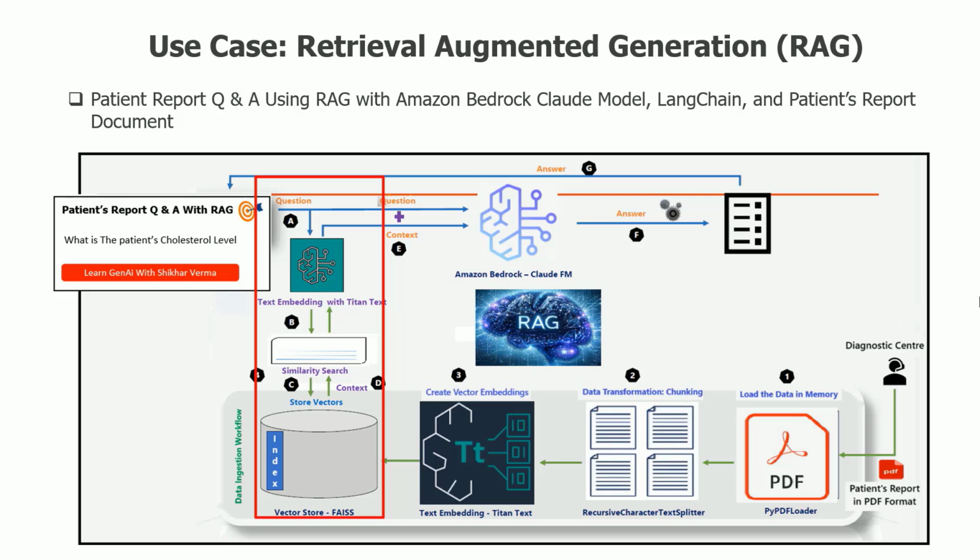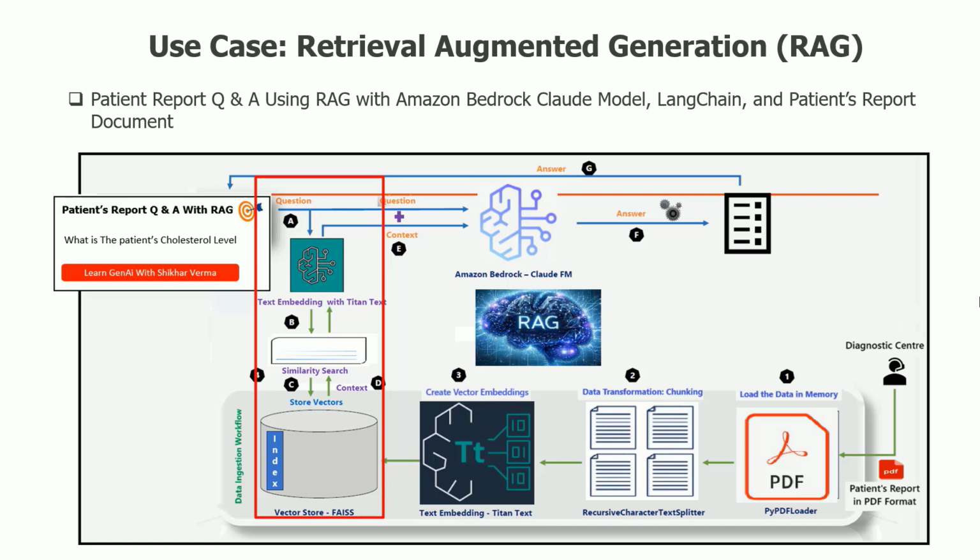So here the question first will come to the text embedding with Titan Text foundation model, and then it is going to perform a similarity search in the vector database, and finally it is going to retrieve the most relevant text chunks.